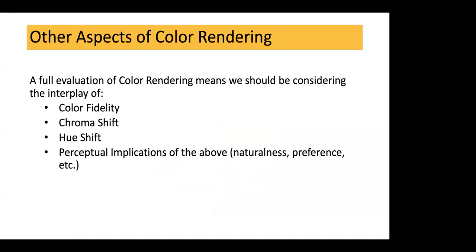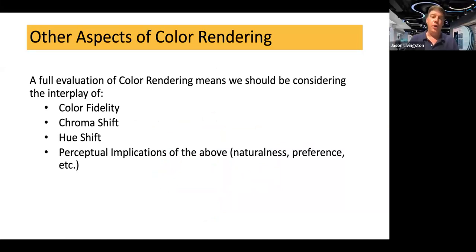So a broader, more thorough understanding of color rendering of a light source can only be achieved if we are, yes, still looking at color fidelity, but also looking at chroma shift, also looking at hue shift, and then looking at the perceptual implications of those three things. That would allow us to then sort a light source, right? Yes, this one is preferred, this one renders colors in a way that is natural, etc.